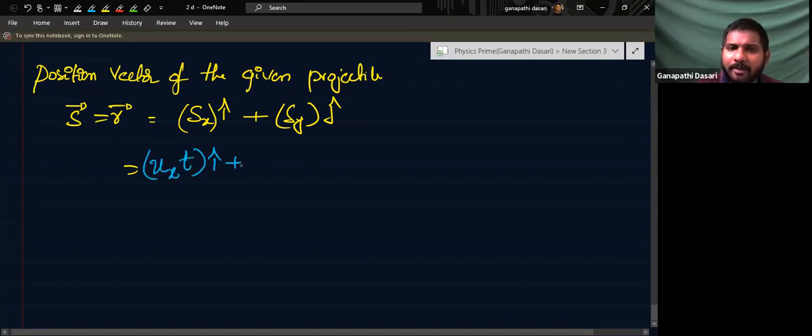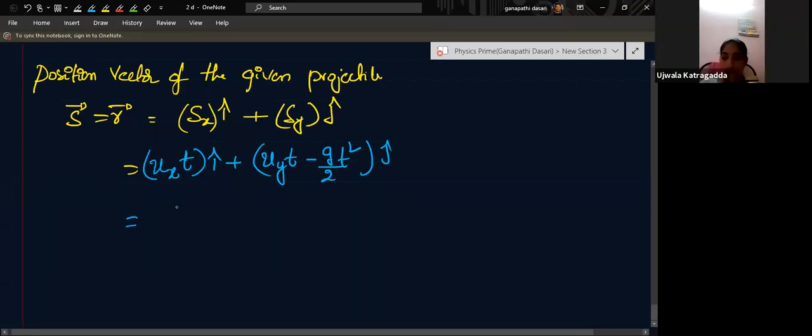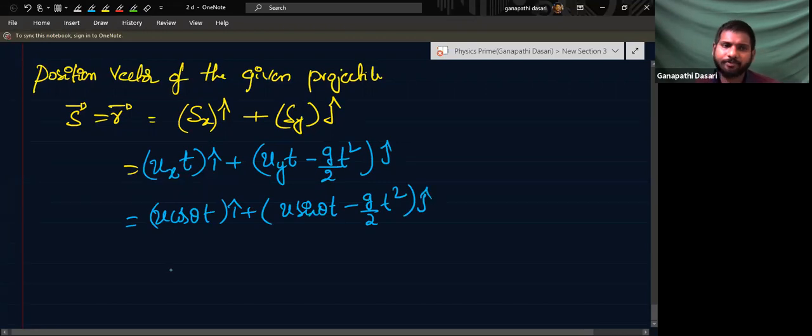So it is uxt i cap plus Sy, which is uyt plus half at square, that means uyt minus g by 2 t square into j cap. That is equal to u cos theta into t i cap plus (u sin theta into t minus g by 2 t square) j cap.